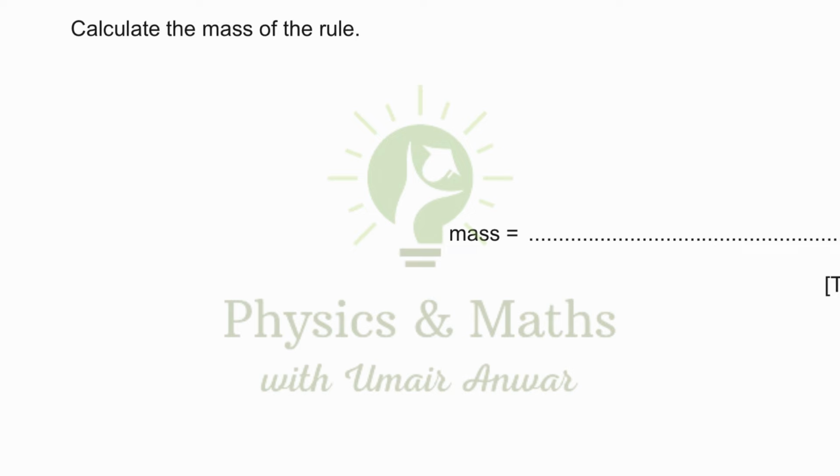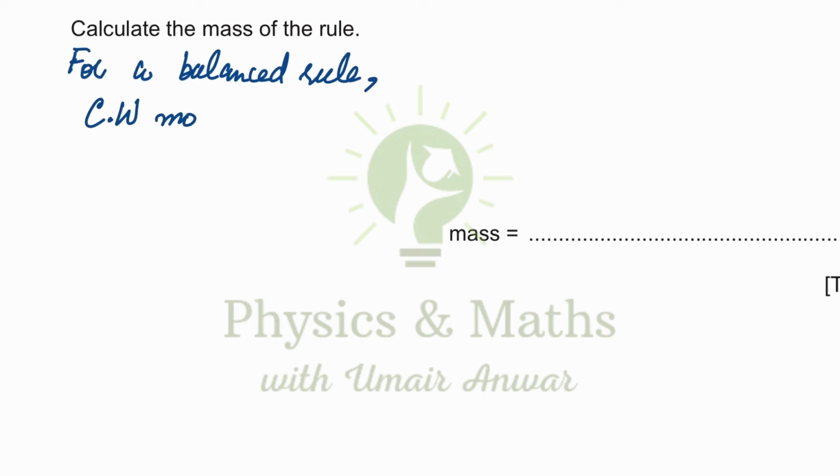Now since the rule is balanced, I'm writing for a balanced rule, the principle of moments would be used here, which says that clockwise moments must equal anti-clockwise moments for such objects.